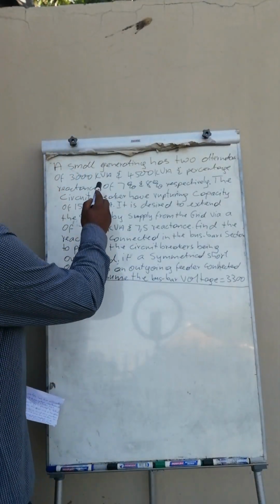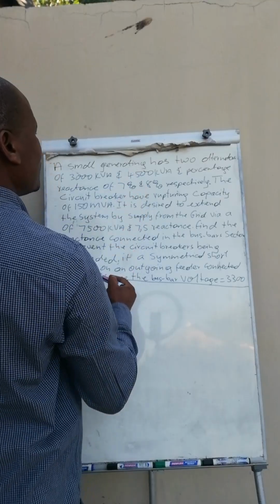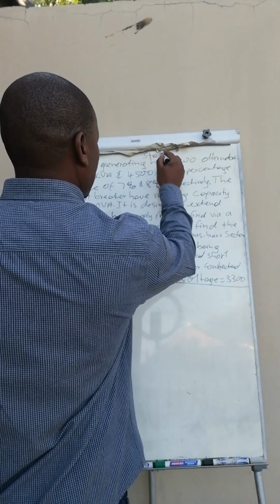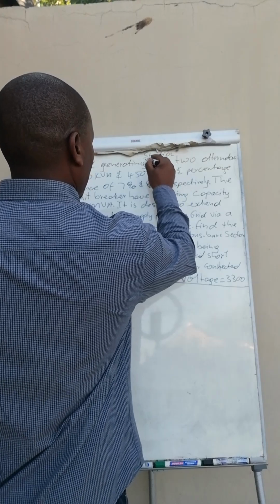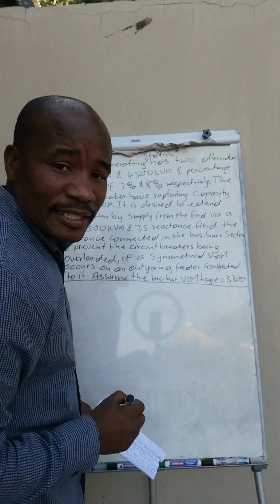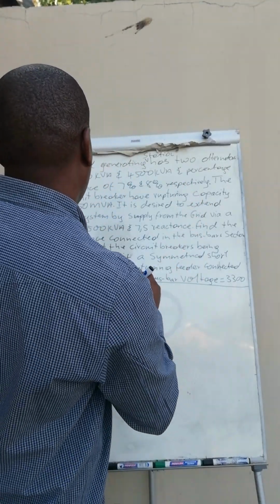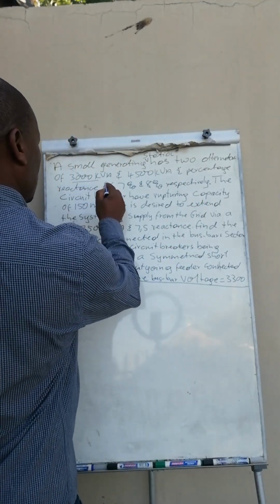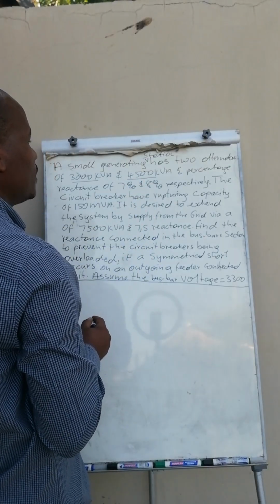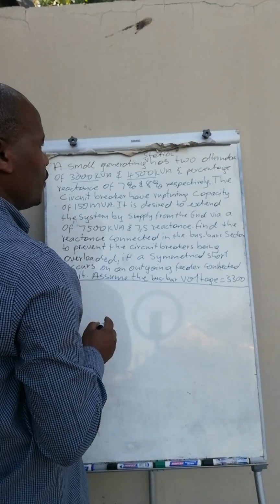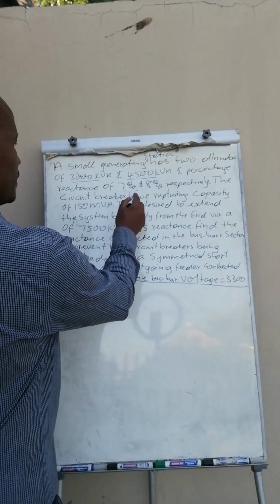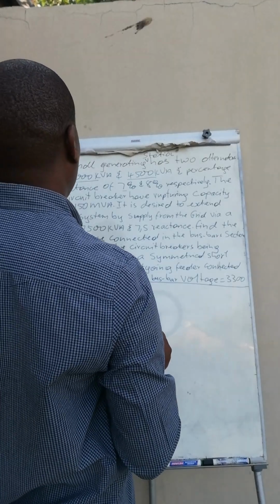It says a small generating station has two alternators, 3000 kVA and 4500 kVA, with percentage reactance of 7% and 8% respectively.